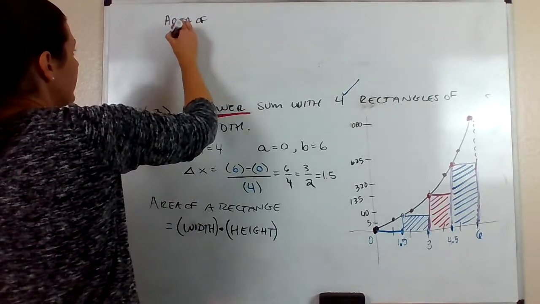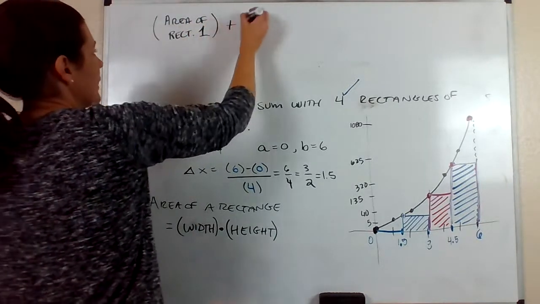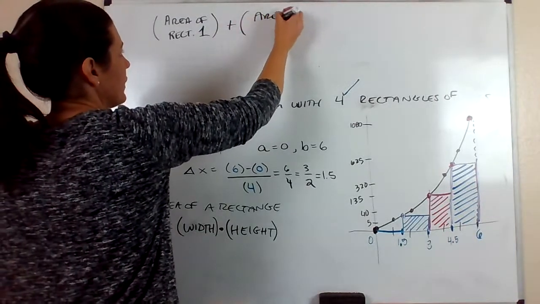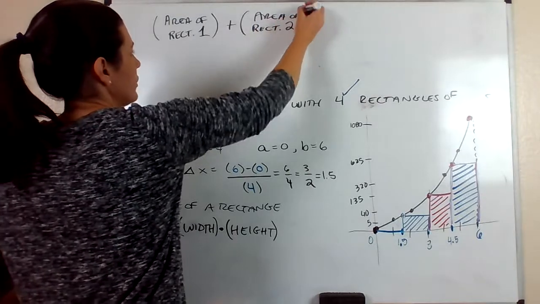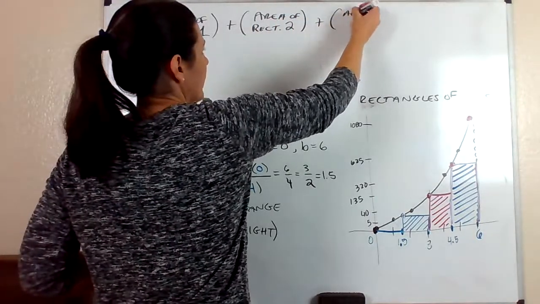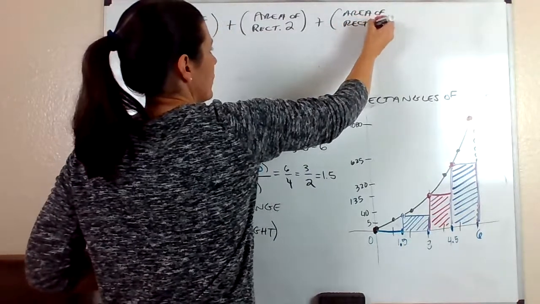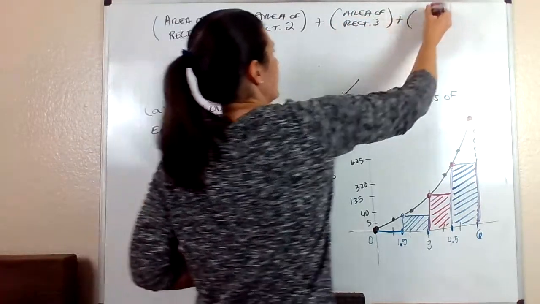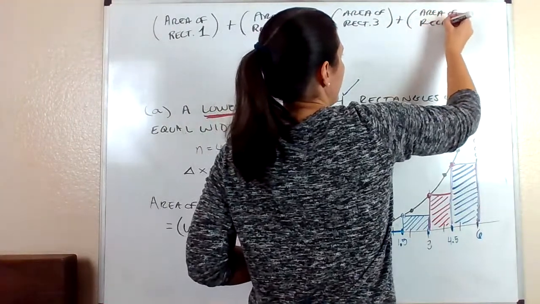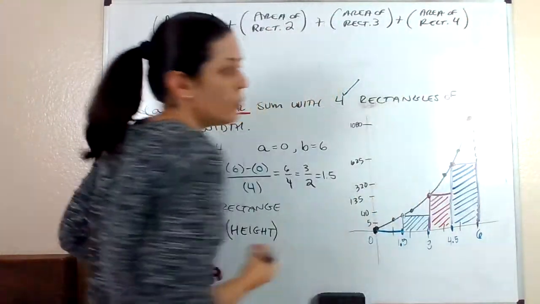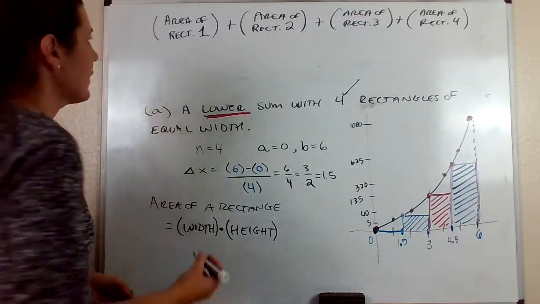Area of rectangle 1 plus area of rectangle 2 plus area of rectangle 3 plus area of rectangle 4 equals our entire area, or an estimate of our entire area.